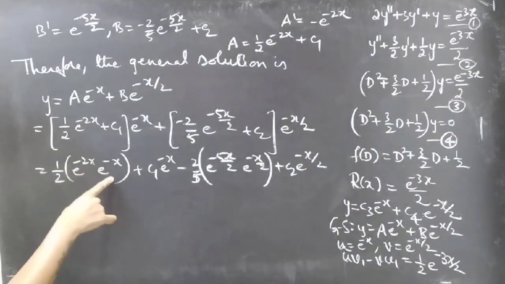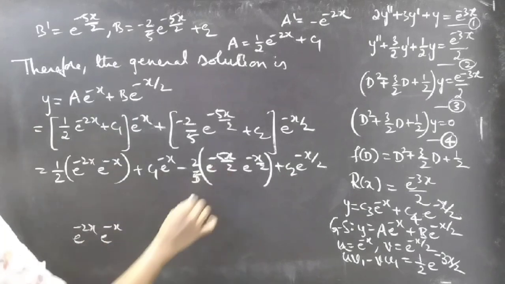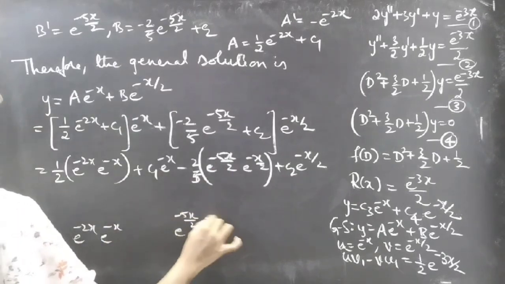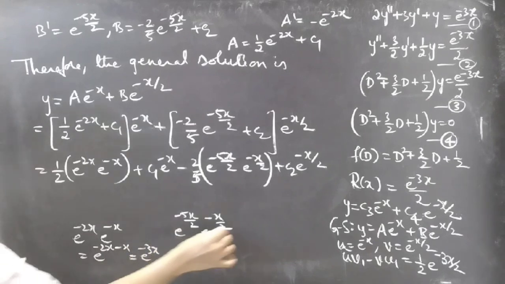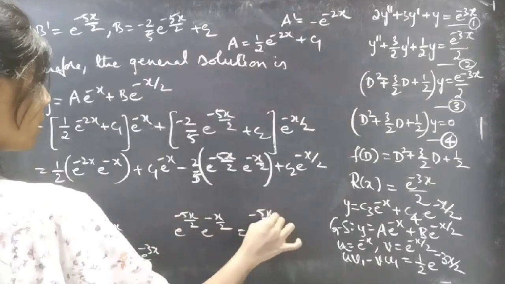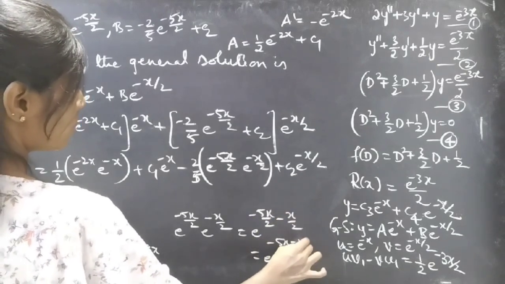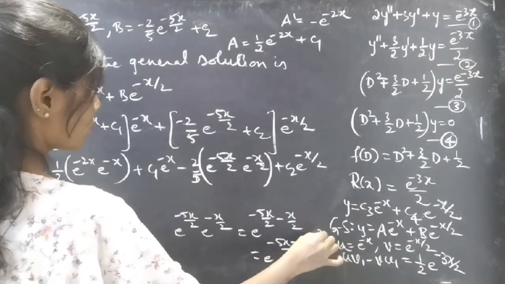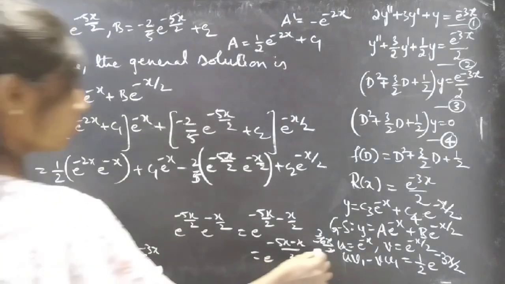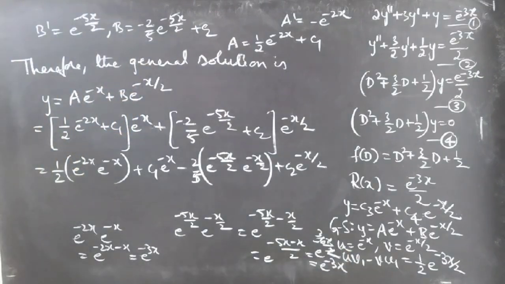Just simplify e power minus 2x into e power minus x and e power minus 5x by 2 into e power minus x by 2. This gives us e power minus 2x minus x, which is e power minus 3x, and here we'll have e power minus 5x by 2 minus x by 2, which gives us e power minus 6x by 2, which is e power minus 3x, right?